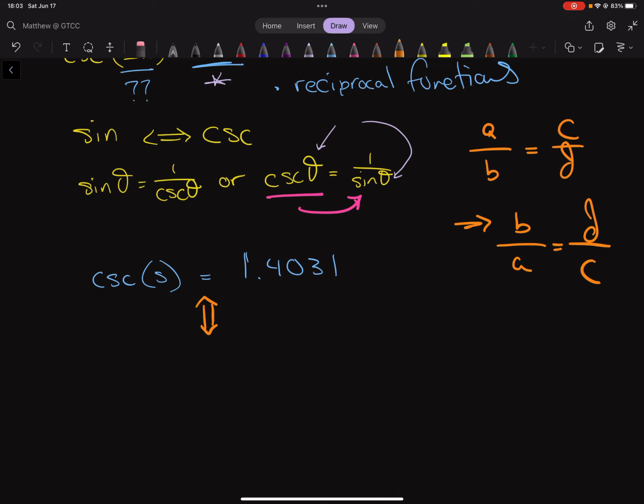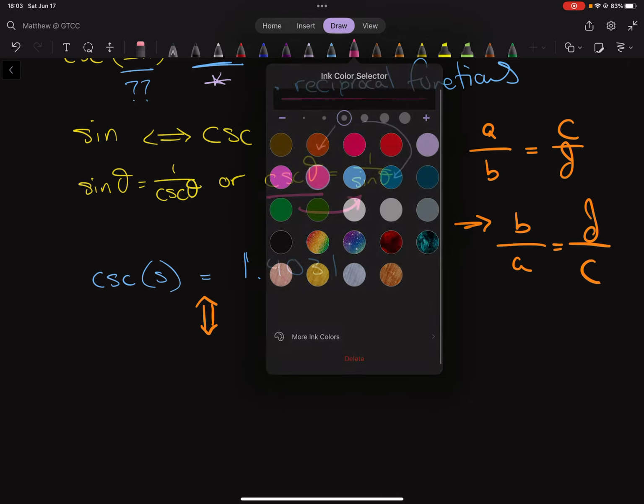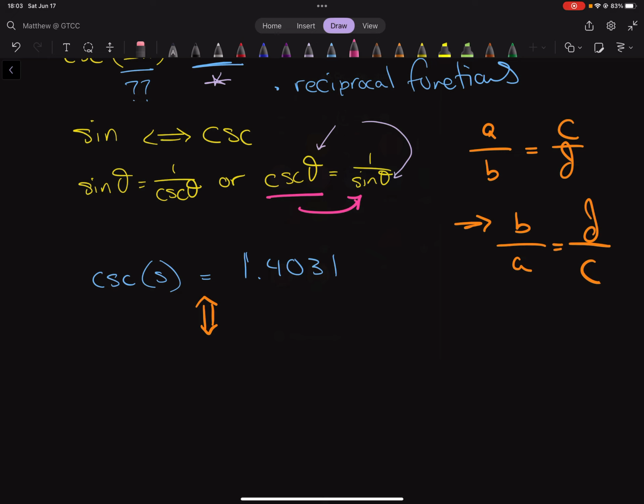Now, thinking about that with sine, and I'm going to use magenta for this one, how can I represent cosecant as sine? I would say 1 over sine of s. And that's going to be equal to, since I needed to take the reciprocal of this side, I'm also going to take the reciprocal of that side.